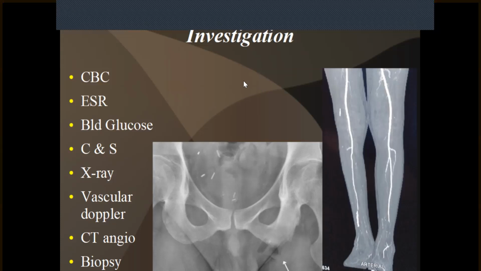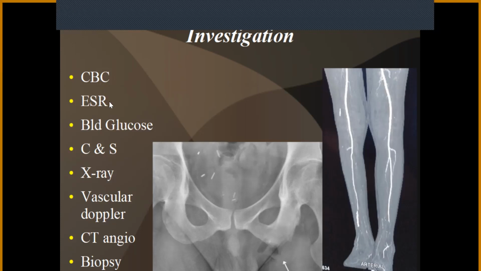Then coming to the investigations, basic investigations are the CBC to rule out infection, and the ESR, which gives the clue of chronic inflammation. Blood glucose, fasting and postprandial, culture and sensitivity, X-ray. In this X-ray, for example, I have taken it from the internet. It is not from my clinic.